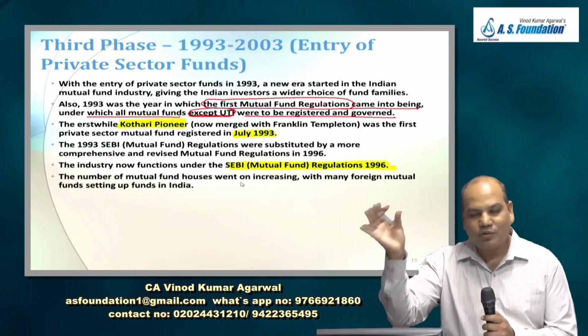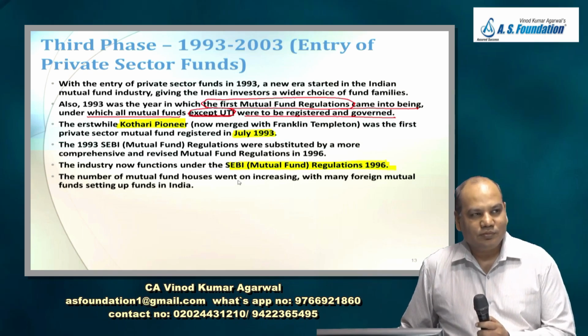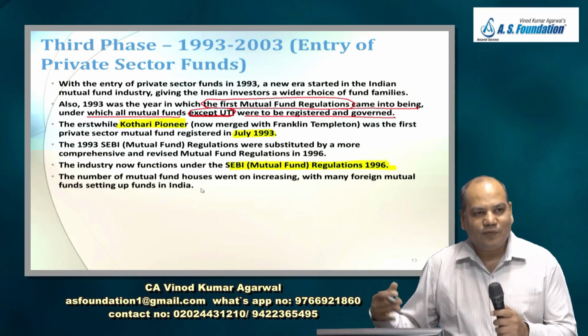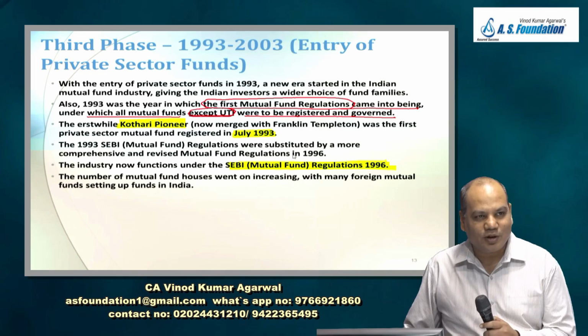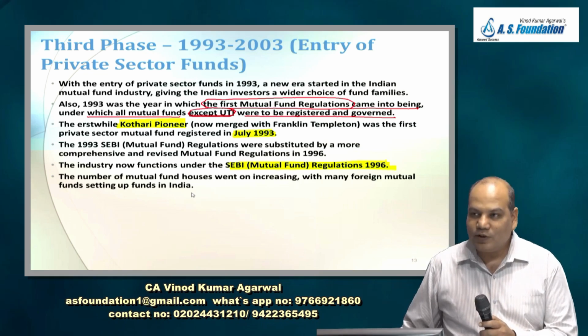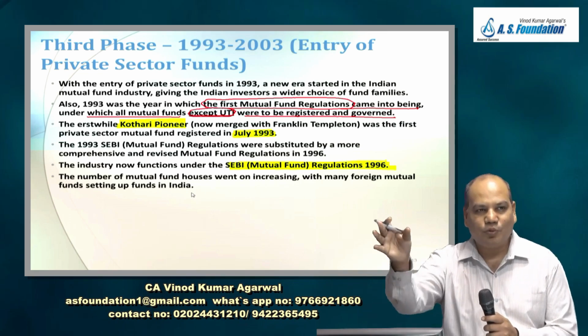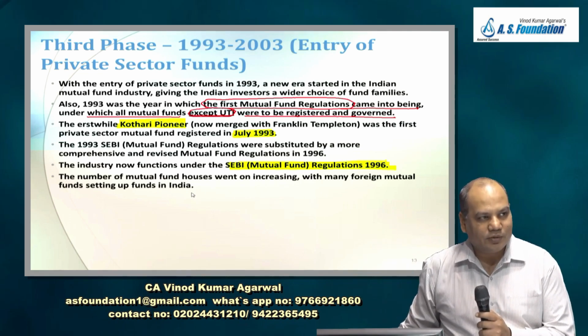So every big corporate house, they started mutual funds also, so that they can get money from this mutual fund indirectly into their respective businesses also. That you don't have to write. Okay. What is the hidden agenda? Mutual fund will raise money and that money can be given to the group companies if required.